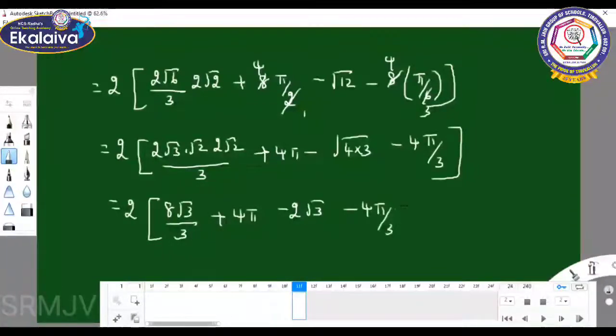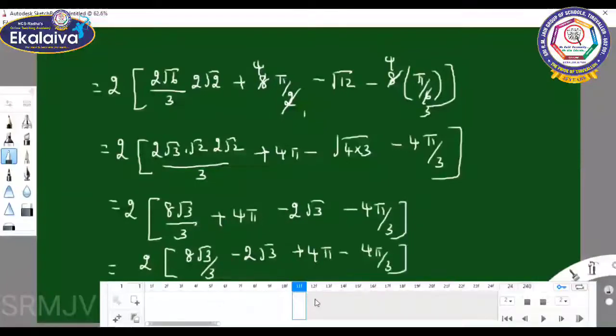So it gives 8 root 3 by 3 minus 2 root 3 plus 4 pi minus 4 pi by 3.